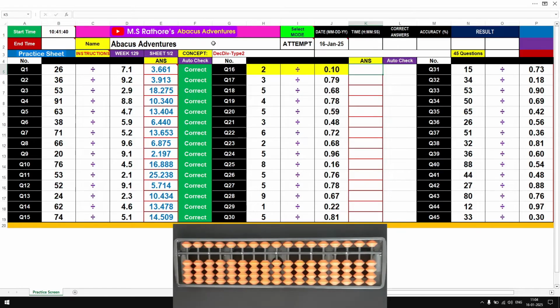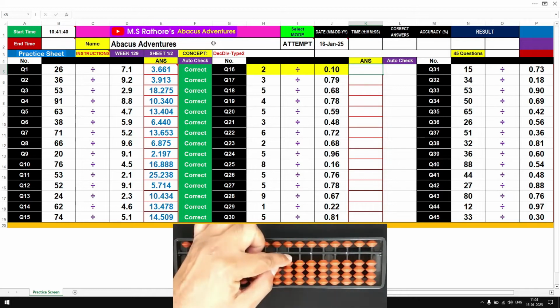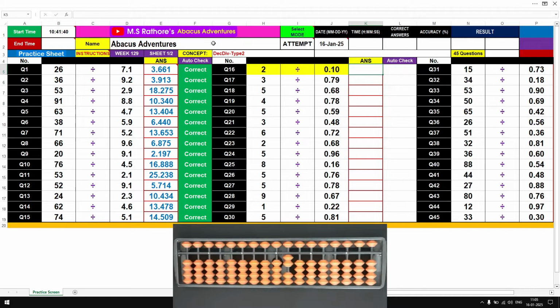We have to place the dividend from rod number 0 in this case. So I just placed the dividend, that is 2 divided by 10. Treating the divisor as a normal value now, forget the decimal point and treat both values as normal values. Now the normal rules of division apply. So we have to divide 2 by 10 after placing the dividend correctly.